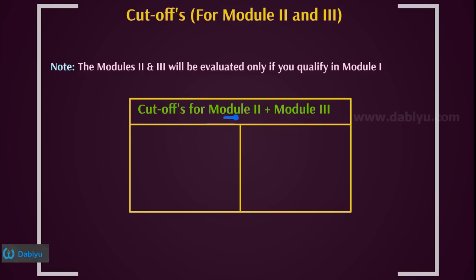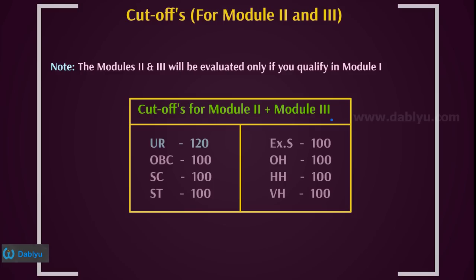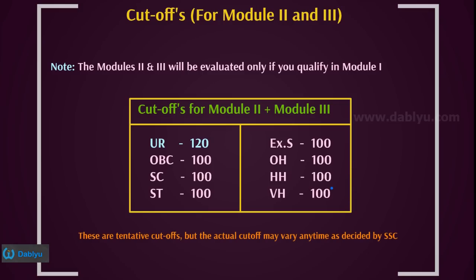First, they'll add both the module 2 and module 3 scores, and then if you get greater marks than the cutoff, then you are qualified. The general trend of cutoffs was like this. For unreserved category, the cutoff marks were nearly 120. For all other categories, the cutoff marks were nearly 100. So this has been the general trend. And again, these are tentative and can vary any time as decided by SSC.